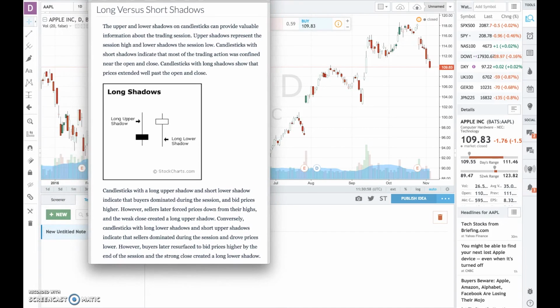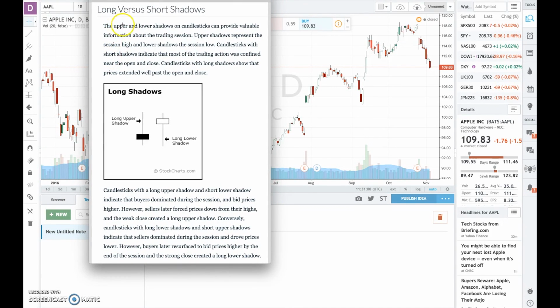So right here is a bit of an explanation of long versus short shadows. You can see the upward one is called the upper shadow versus the lower shadow. The upper and lower shadows on a candlestick can provide valuable information about any given trading session and just what the day looked like. So as we discussed, the upper shadows indicate the high point of the day's trading, and the low point on the lower shadows.